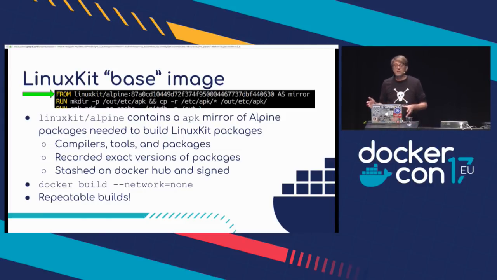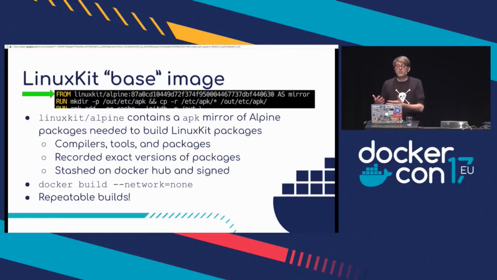APK is the Alpine Linux packaging system. So it's a mirror of all the Alpine packages you need to build our LinuxKit packages. It contains the C compiler we use to compile the kernel. It contains the Go compiler we use to compile various Go binaries which we use in LinuxKit. And of course, it contains packages like the DHCP client package.